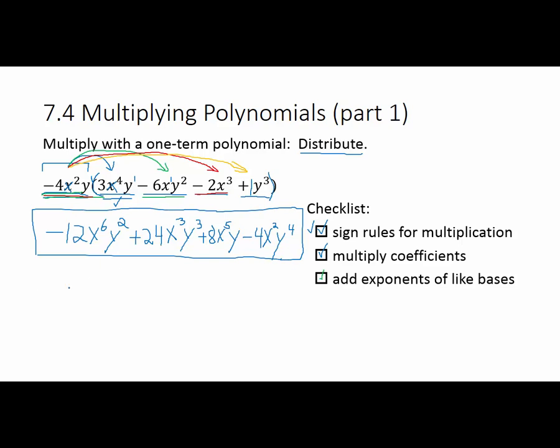So to summarize, when you're multiplying polynomials, it's basically going to be this 3-step checklist for each time you're multiplying 2 terms. Do the sign rules for multiplication, multiply your coefficients, and add the exponents for like bases. In a lot of these, you're only going to have one kind of base. You'll just see x's. You won't see y's or anything else at all.